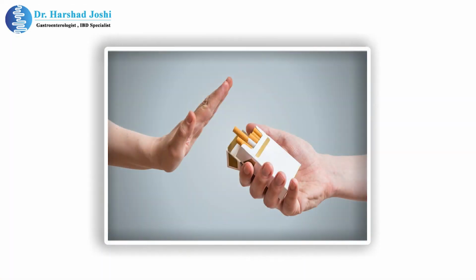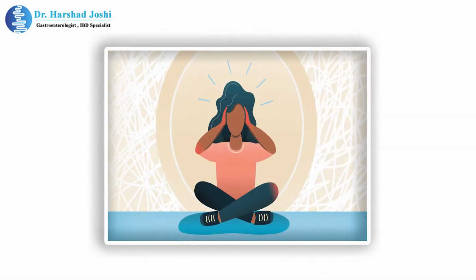So stopping smoking is very much essential if we have to prevent complications. There is a specific topic which I shall be discussing later as to what is the risk of developing or passing this IBD into your children. That is a different topic which we will cover subsequently.